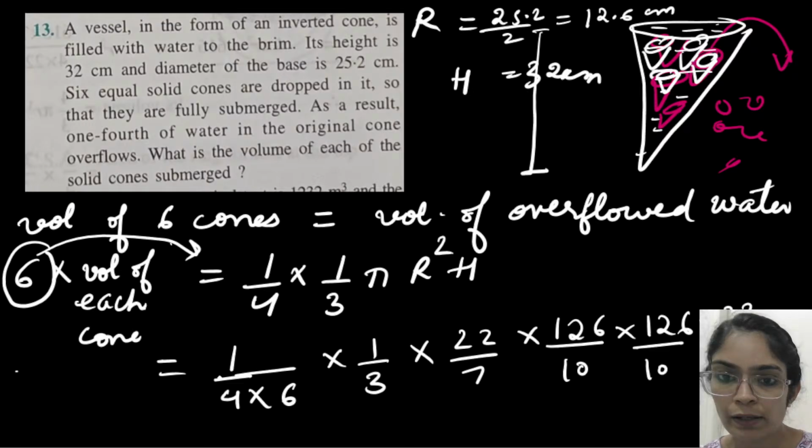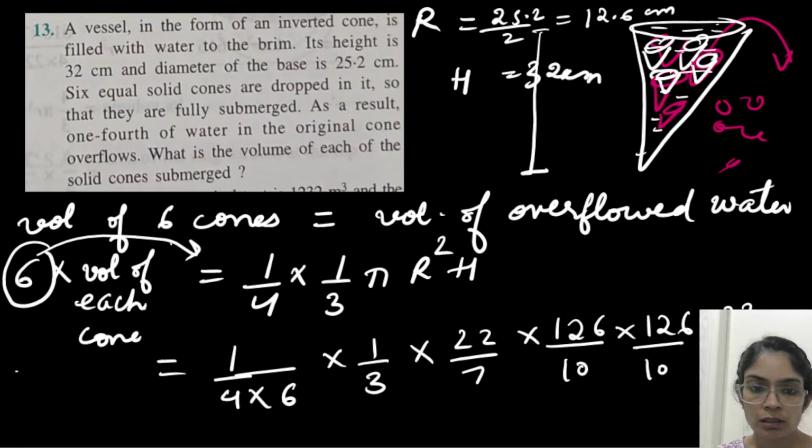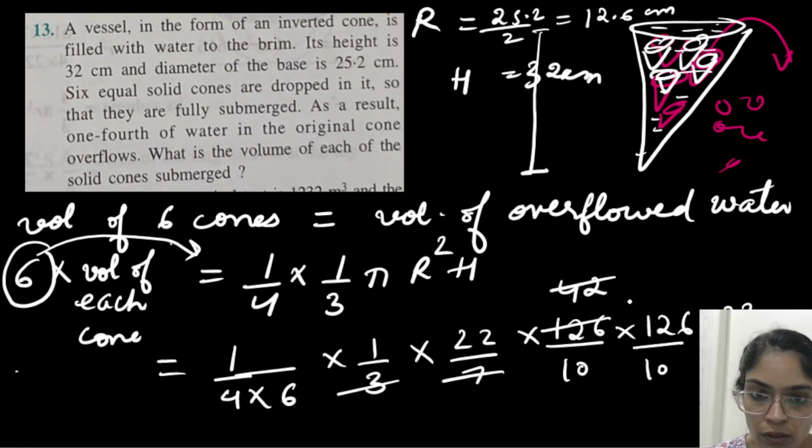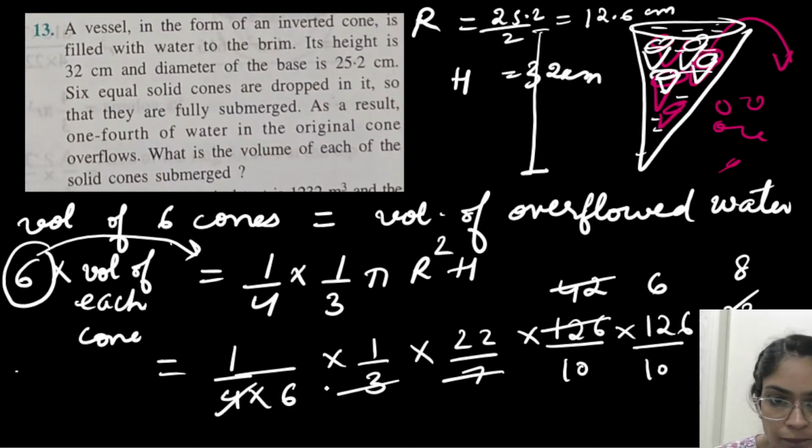Now let's do cancellation. So when I am doing cancellation, 3 into this is 42. So this is 4 into 7 into 6. Then 4 into 8. Then this 6 and 6 will get cancelled.